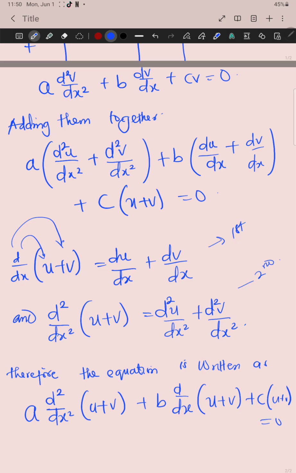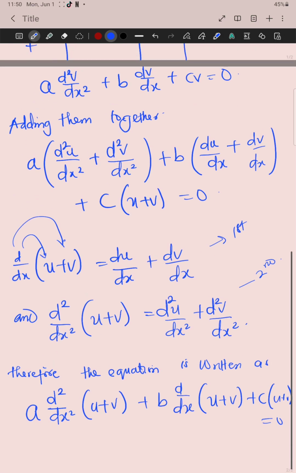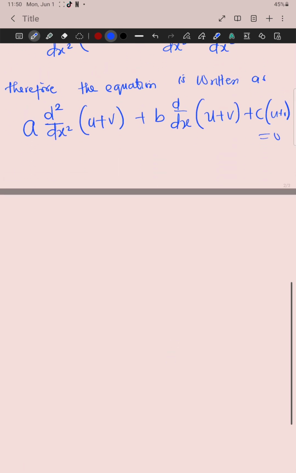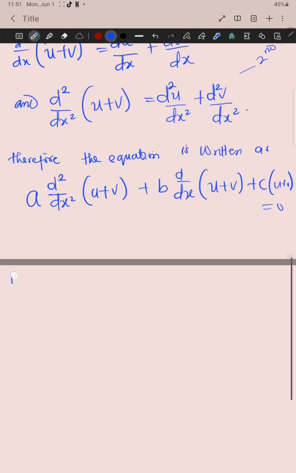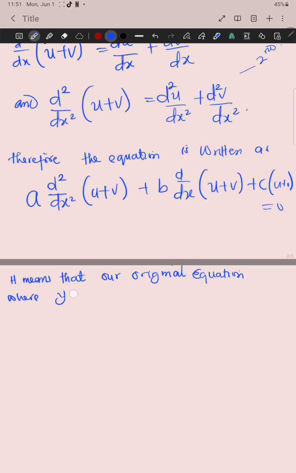So the equation can be written as this. Now if we write it like this, it means that our original equation where y is present can be replaced.